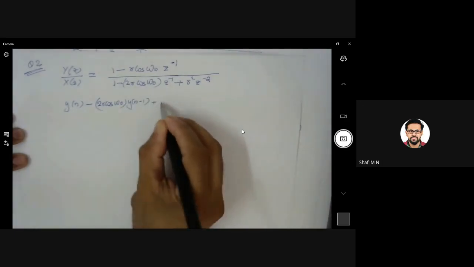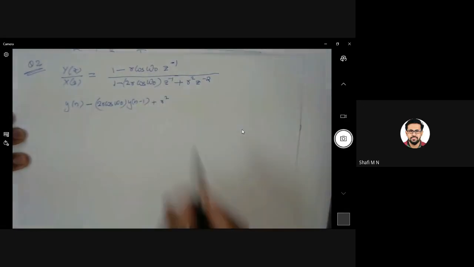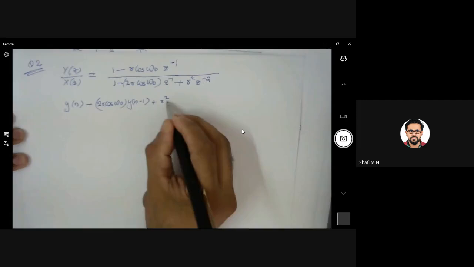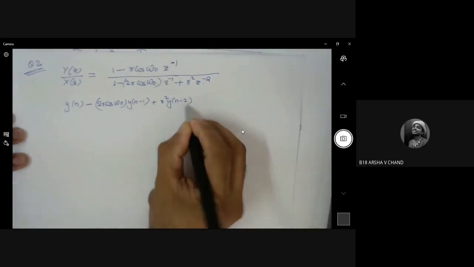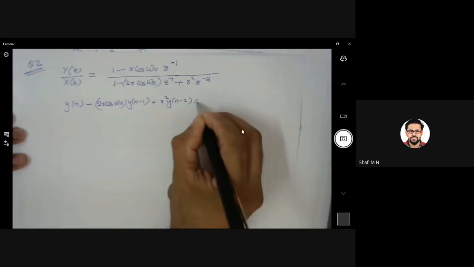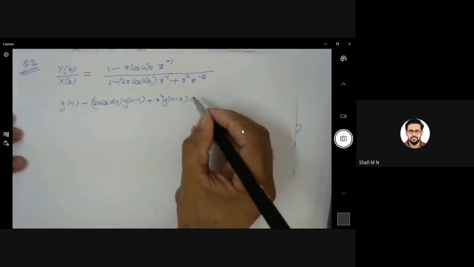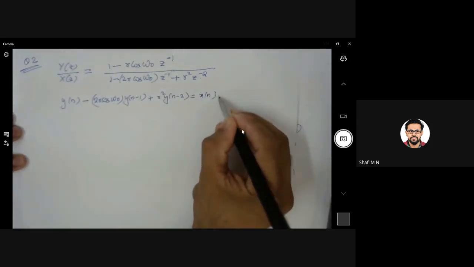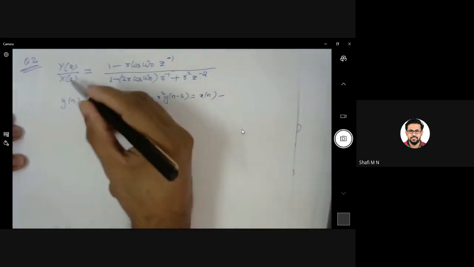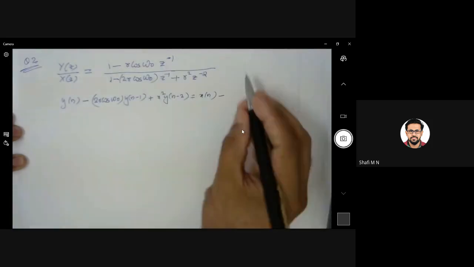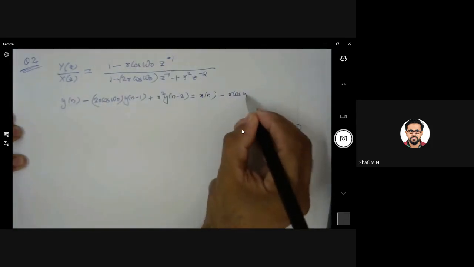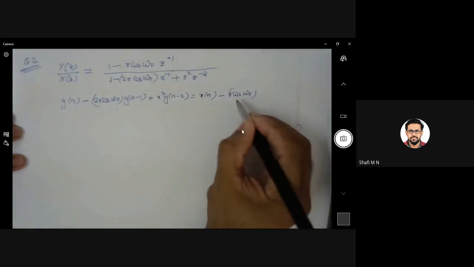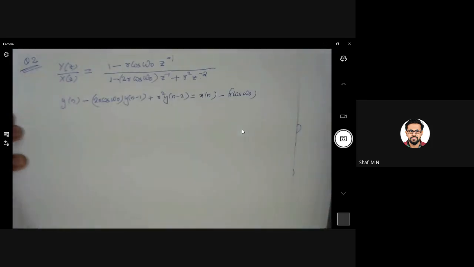Okay, good, plus r square is a constant, z raised to minus 2 into y of z, so that is y of n minus 2. So that is equal to next x terms, x of z into 1, so that will become x of n minus next thing x of z into z raised to minus 1. R cos omega naught is a constant, okay, it will be some values like 1.25.